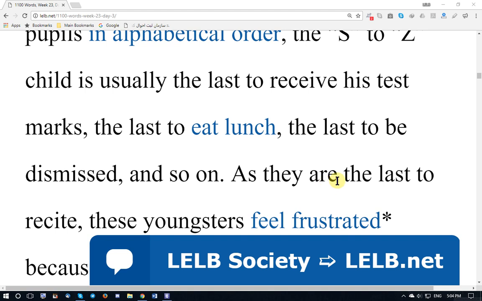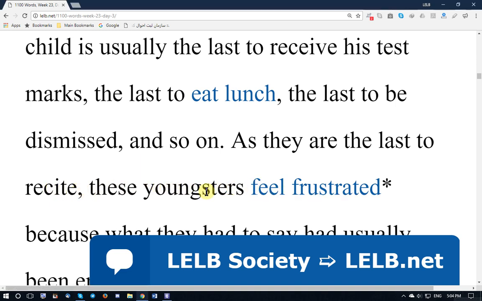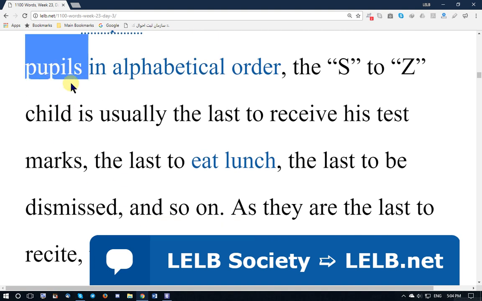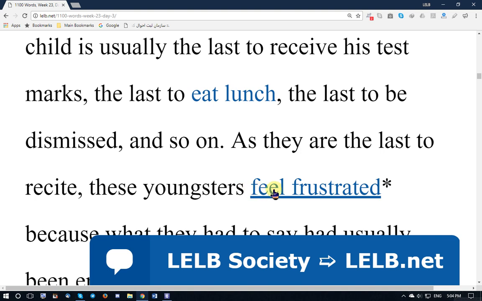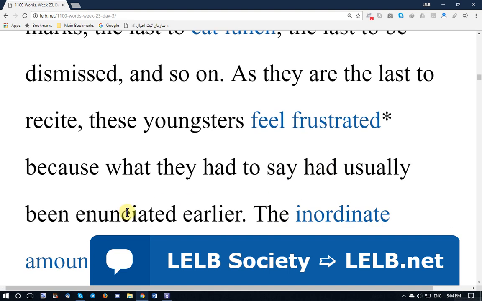As they are the last to recite, for example, to say something, to explain about some parts of the lesson, these youngsters, that's why we say they are pupils, because they are young, feel frustrated, disappointed, because what they had to say had usually been enunciated earlier. Why frustrated? Because what they had to say in the class had already been enunciated and recited and uttered and mentioned earlier by the other students.